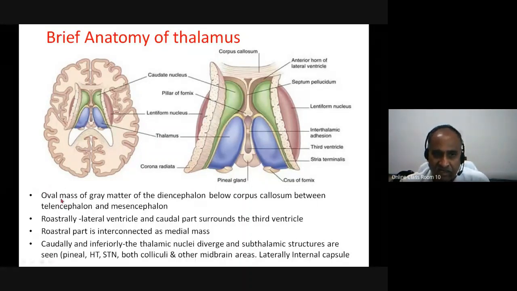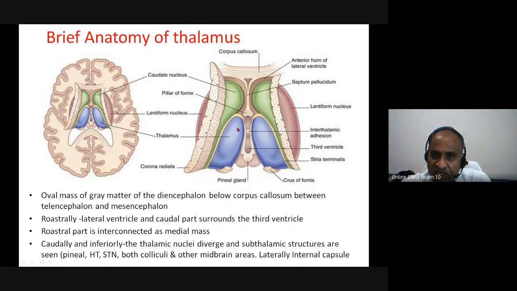These are oval masses of gray matter, as I already mentioned, below the corpus callosum, between the telencephalon, that is the forebrain, and the mesencephalon, the midbrain. Rostrally, which means above, this side is the lateral ventricle, and this is the caudal part of the third ventricle.